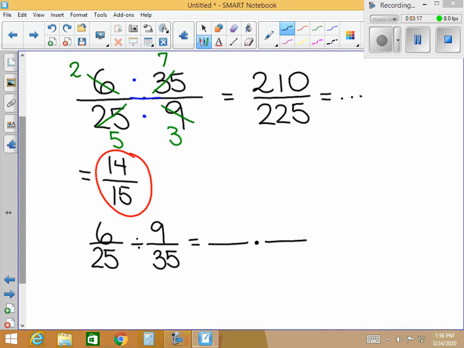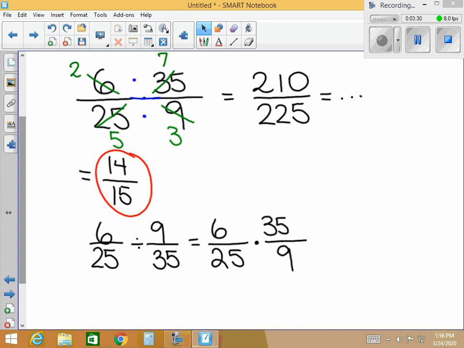When we're dividing two fractions, the first one stays the same. And instead of dividing by 9/35, I can multiply by 35/9. I flip the second fraction over. When I do that, I don't forget to change my division sign into multiplying. If you leave them both as divided by, it's not a correct statement.